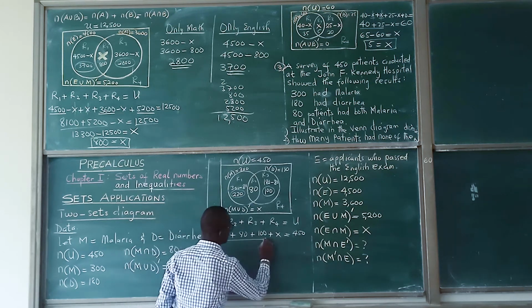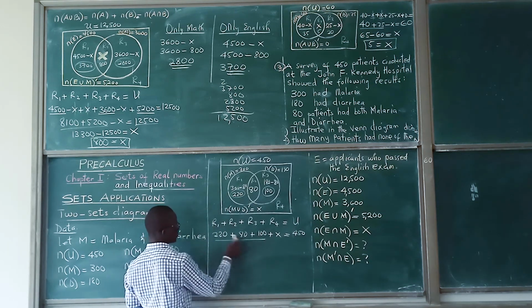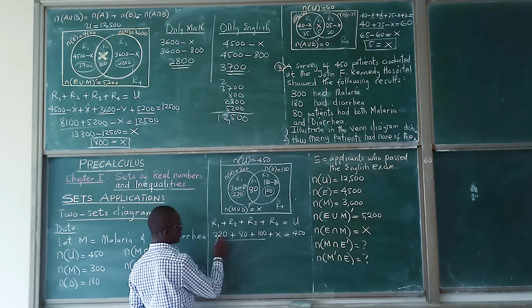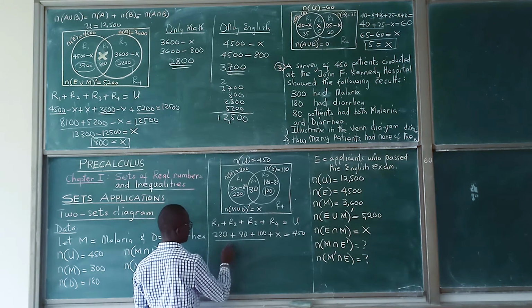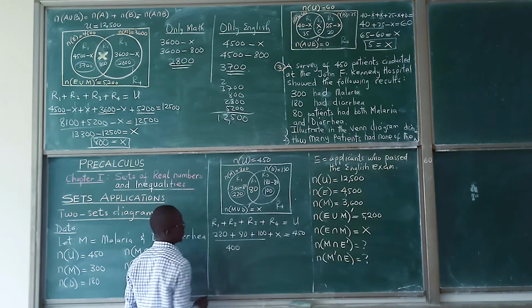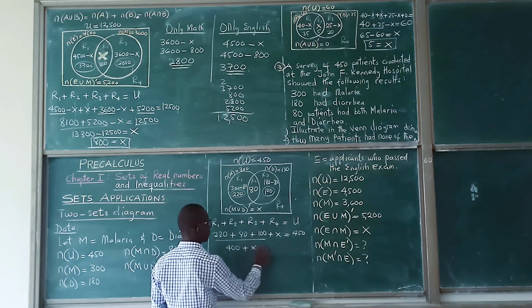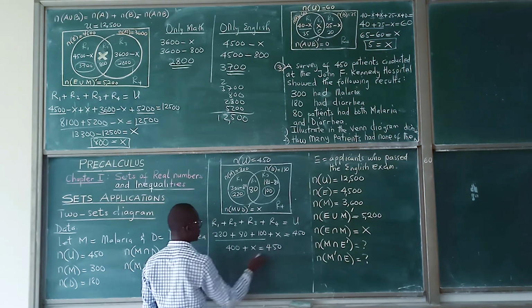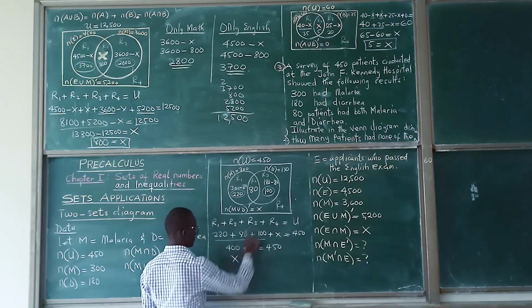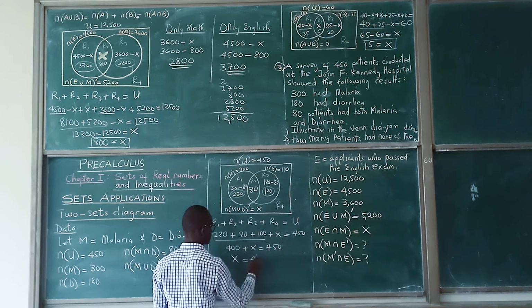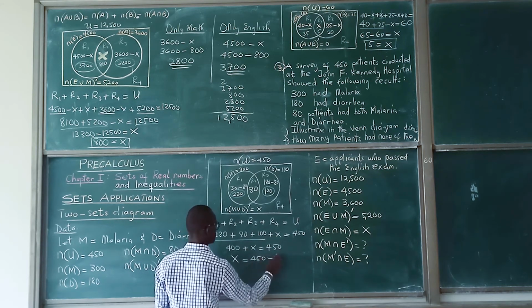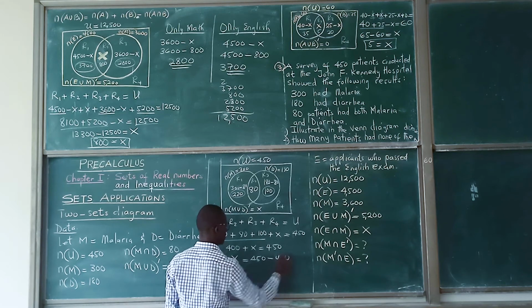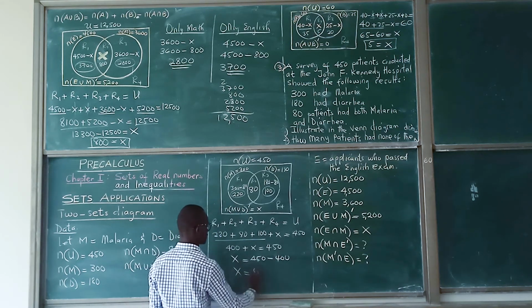So now we add these 3. 220 plus 80 is 300, plus 100 is 400, plus x equals 450. So we solve for x and send this 400 across. So it's 450 minus 400. So x now becomes 50.